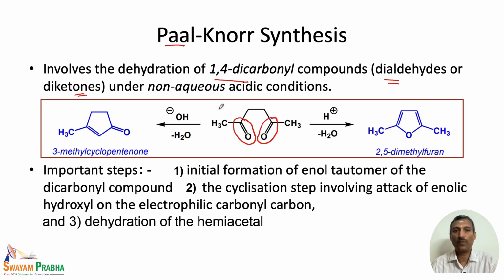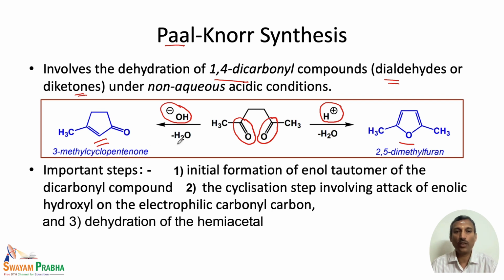This is very important, because if the reaction occurs under protic, that means acidic, conditions, that leads to the formation of, in this particular case, 2,5-dimethyl furan. Once we look at the mechanism, we know how the reaction actually proceeds. But on the other hand, if the reaction occurs in the presence of a base, then instead of the heterocyclic compound, we only get a carbocyclic compound, that is 3-methyl cyclopentenone.